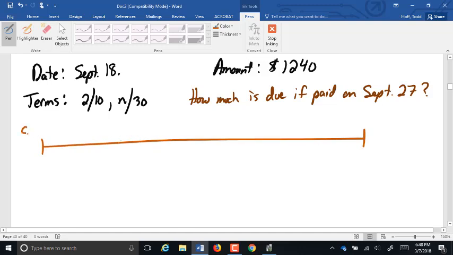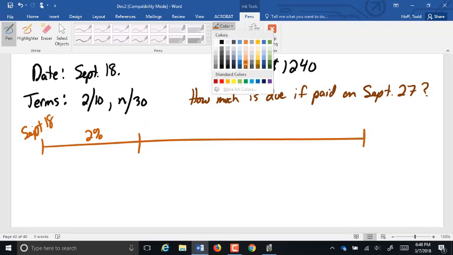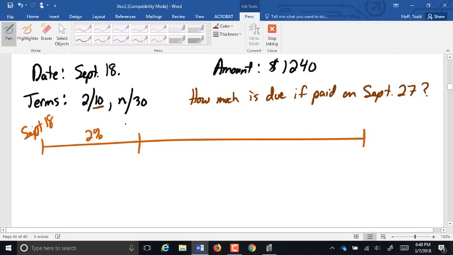Of course, the beginning of our timeline is September 18th. We do have a 2% discount period that ends after 10 days. That's going to be September 20th or 28th, I should say.